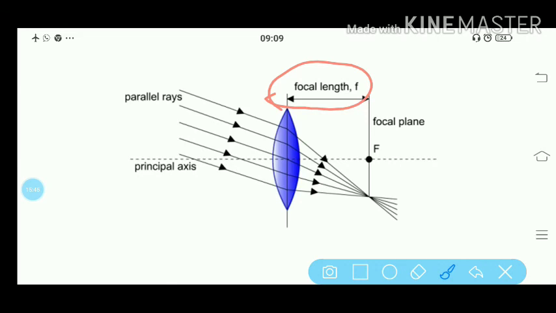This is the focal length, the distance from the focus to the optical center. Similarly, second focal length: the distance from the optical center of the lens to the second focus point f2 is called the second focal length. This is our focal plane, which is normal to the principal axis in a convex lens.